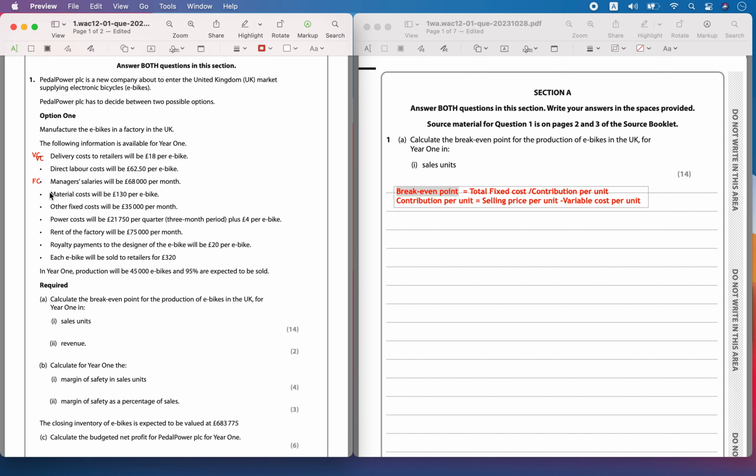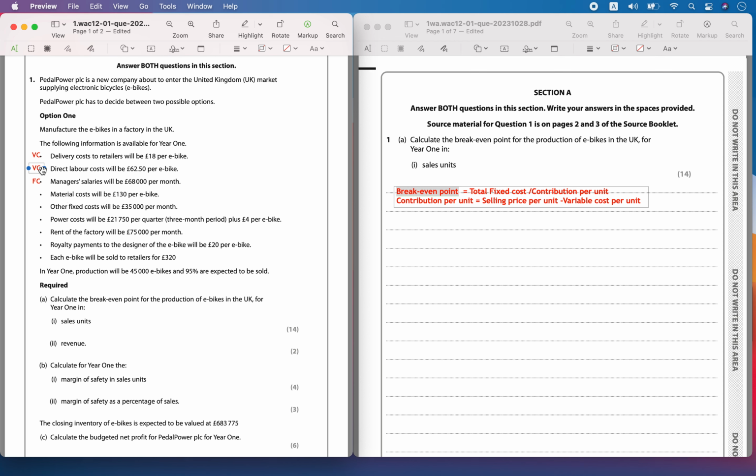Now direct labor cost. This is also based on per bike, so it will be 62.5 per bike. Then manager salaries will be 68,000 per month. It is not based on the e-bikes sold, so this is a fixed cost. Next is the material cost.